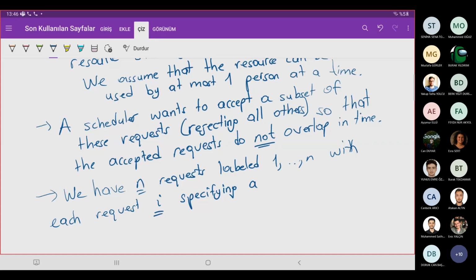I can see it, professor. Okay. With each request I specifying a start time SI and a finish time FI.